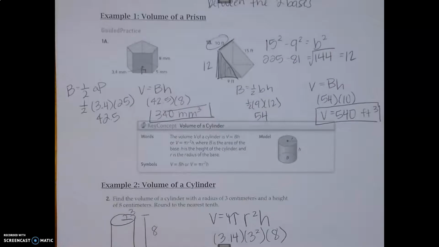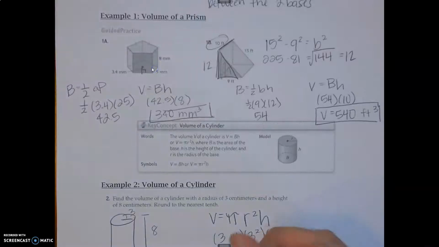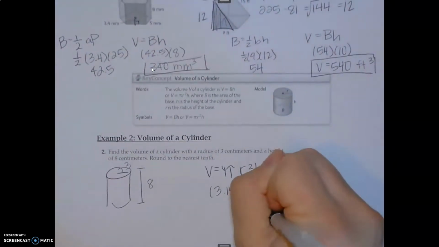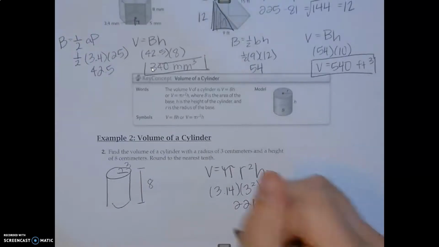So I'm going to come to the calculator. We have 3.14 times 3 squared, which is 9, multiplied by 8, which gives me a volume of 226.1 centimeters cubed.